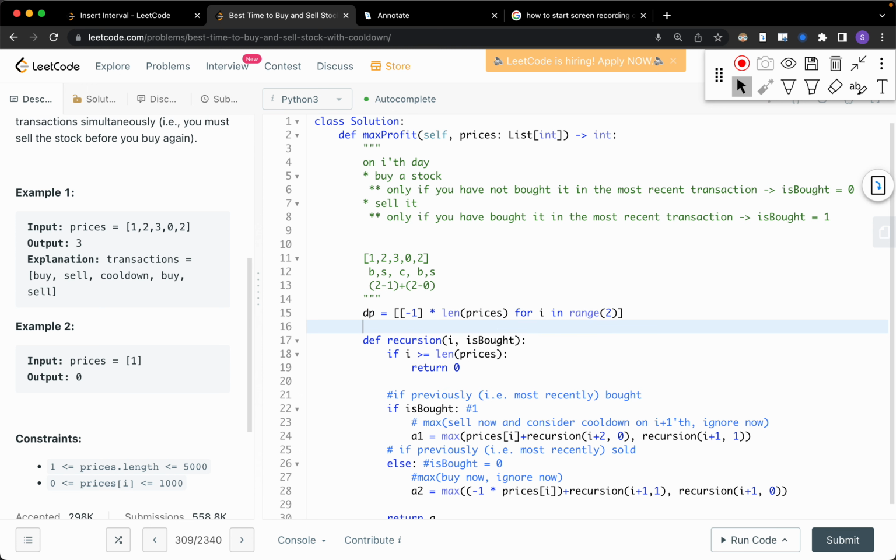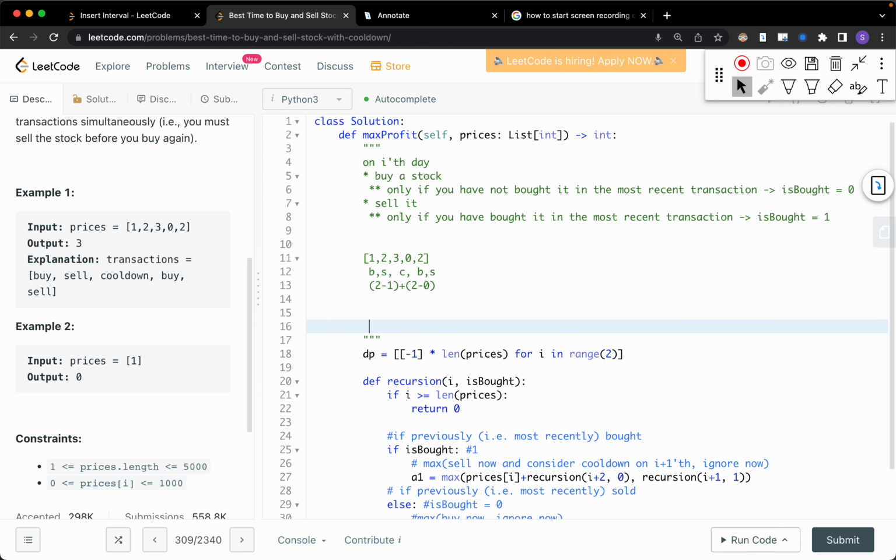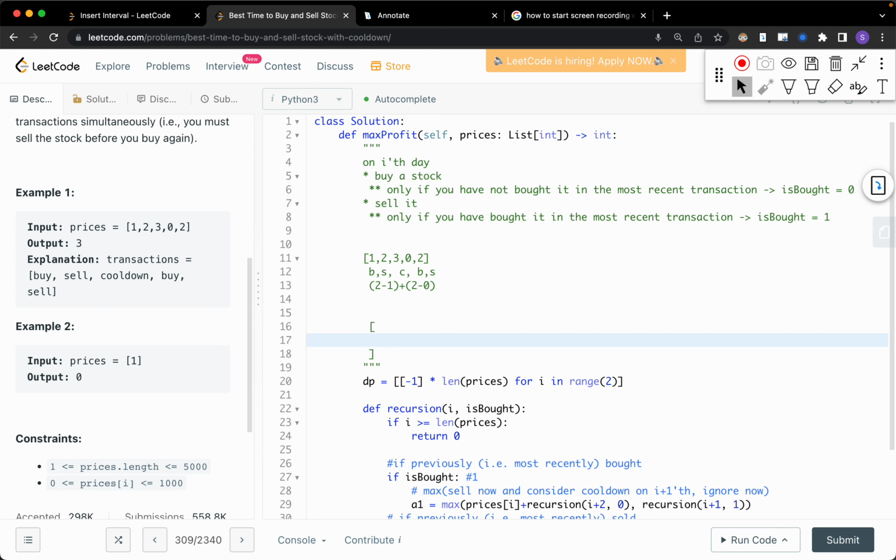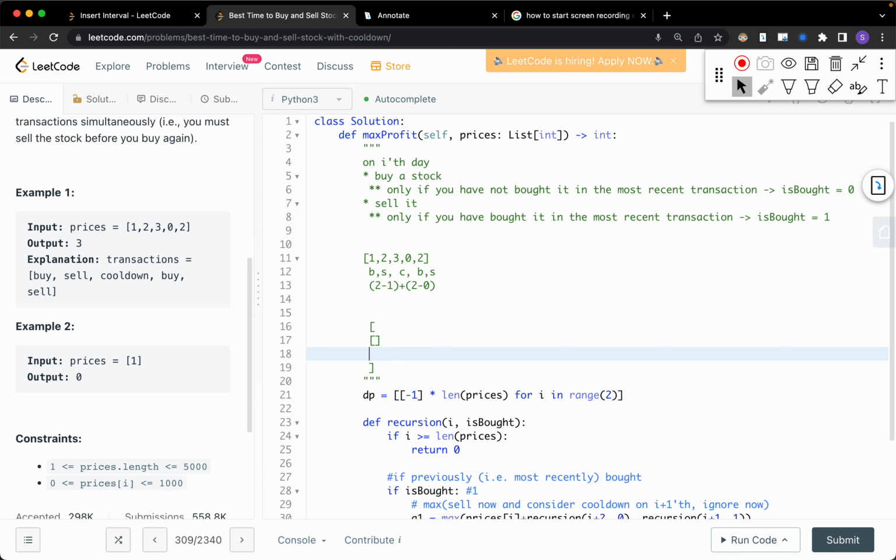I'm taking it in this format because of what I want in the DP array. This one will be for isBot equals true, and this one would be for false, because my isBot would be 0, right?